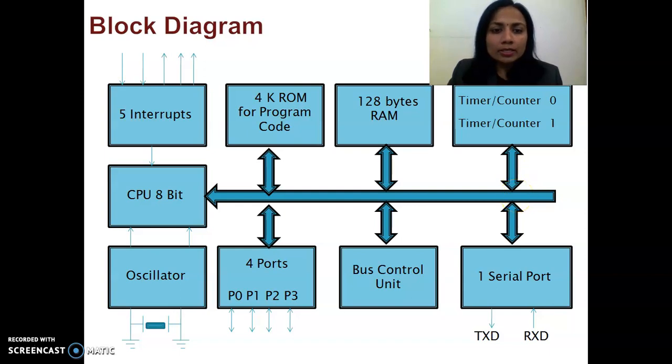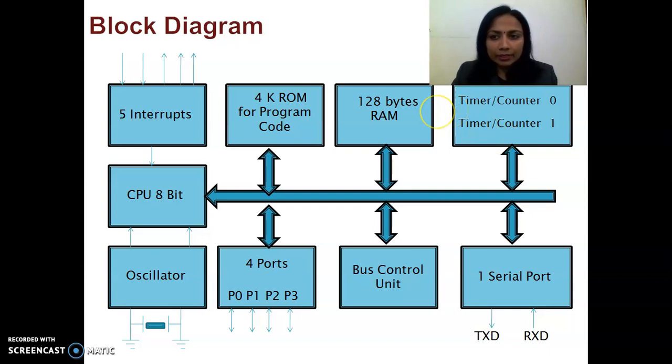The next block is ROM. 8051 has 4K ROM, which is used for program code. The last block is the interrupt block. In 8051, we have 5 interrupts.